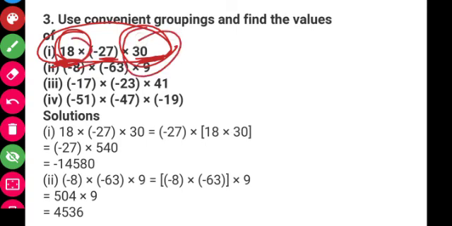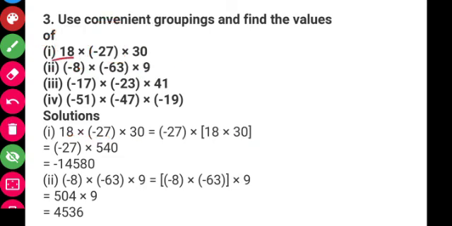Okay, so you can write 18 into minus 27 into 30 is equal to minus 27, take out. Okay, and 18 and 30 both have same sign, so take together. यहाँ पे क्या है एक्चुअली 18 और 30 का सेम साइन है, तो इसीलिए हम लोग क्या करेंगे, इन दोनों को एक साथ मल्टीप्लाई कर लेंगे.